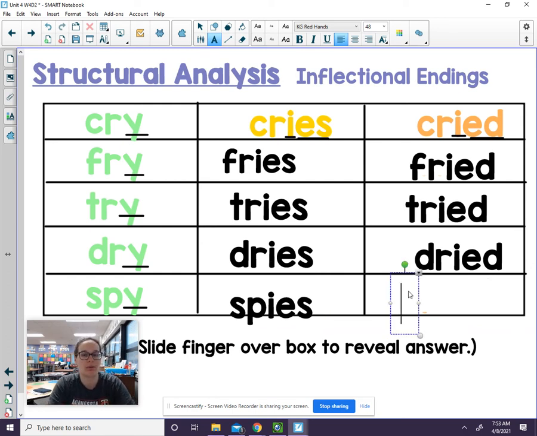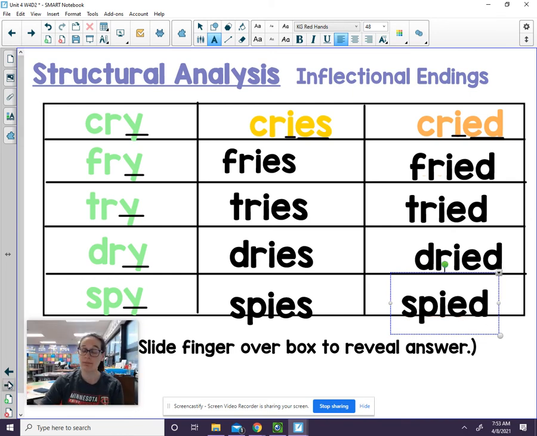So again, how would we write spied? S-P, and then it'd be I-E-D. So just remember, when you see a Y at the end of a word, you change the Y to an I before adding ES or the ED ending.